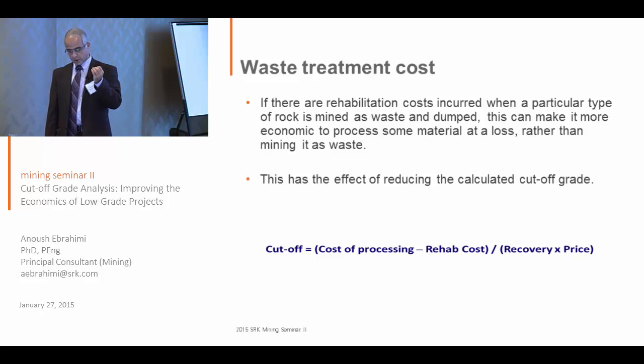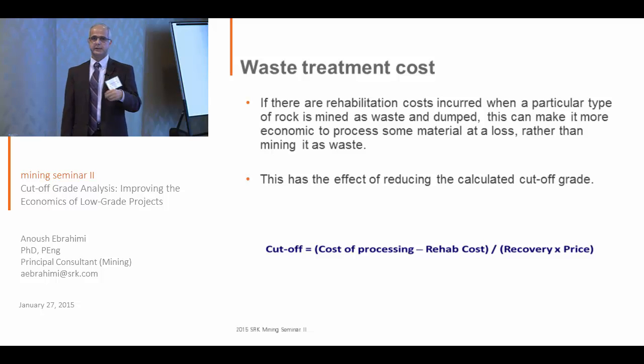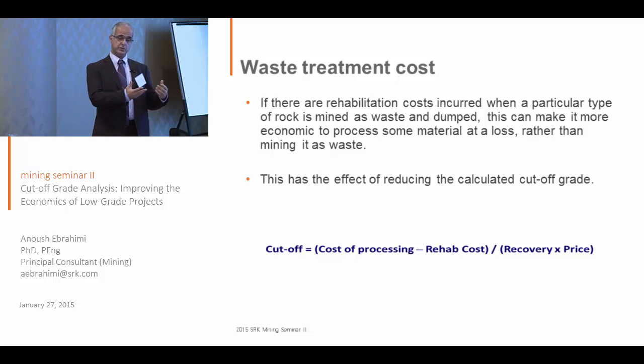Some other small things, like waste treatment costs: if dealing with low-grade material costs you more than what you spend on regular waste, for example if it generates acid and you have to treat it, then for those marginal grades you may send the material to the mill.